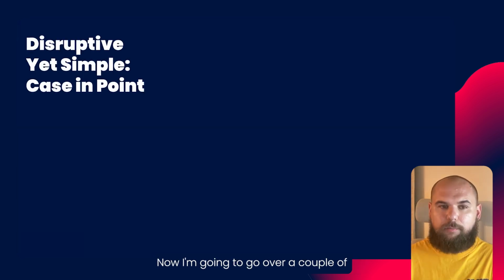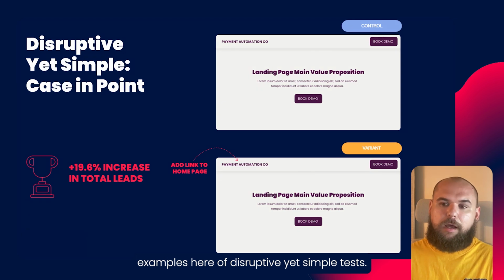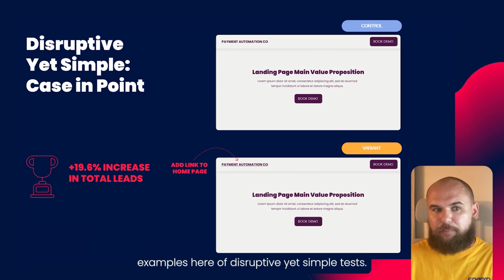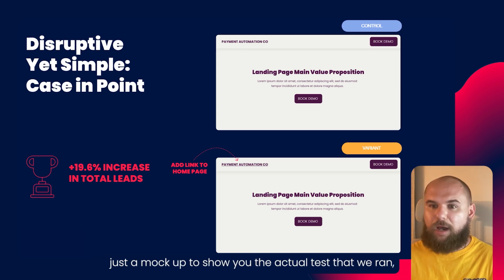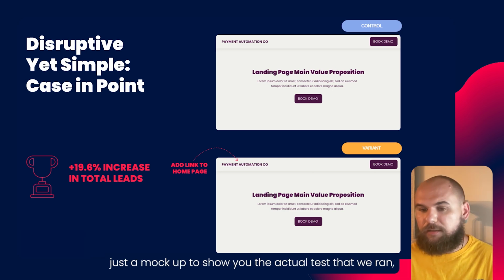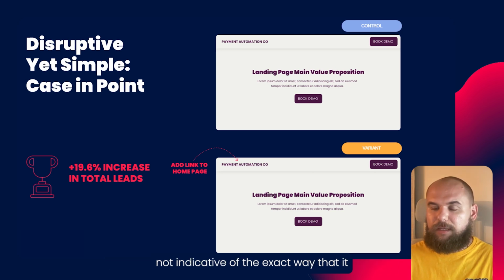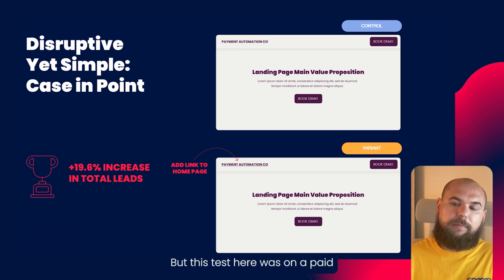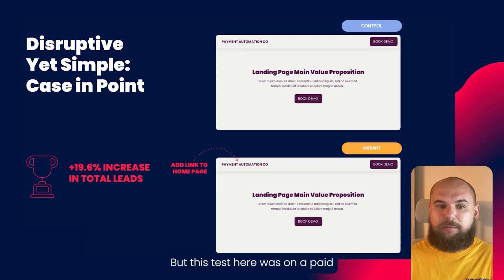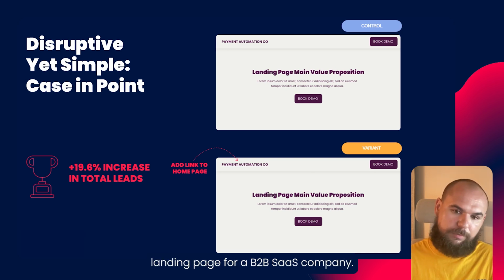Now I'm going to go over a couple of examples here of disruptive yet simple tests. So this one here, these are of course anonymized and more just a mock-up to show you the actual test that we ran, not indicative of the exact way that it was run in terms of the look and feel. But this test here was on a paid landing page for a B2B SaaS company.